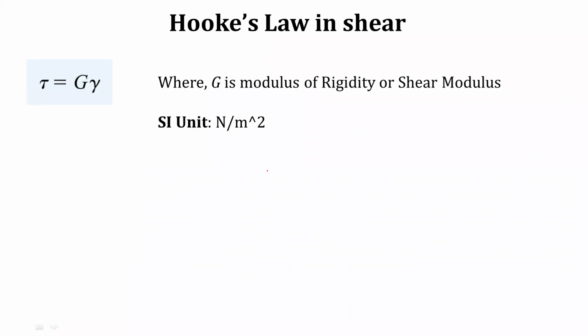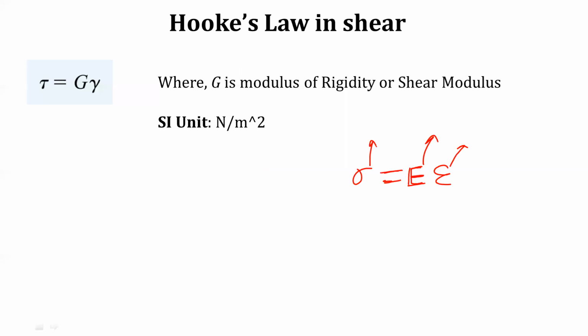Okay, so Hooke's law, what we have discussed in the normal or tension case, is that normal stress is equal to E into strain, where E is Young's modulus, this is the normal strain, and this is the stress.